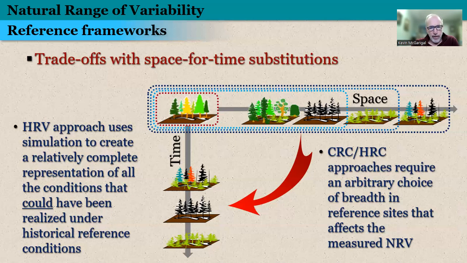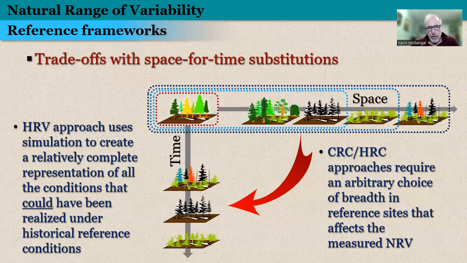The spatial variation approaches, the contemporary reference condition and historical reference condition approaches, use space for time substitution. That is, they use the variability across space to represent the variability that would have occurred over time for any given site. So we use the variability across space, because we can observe that in real time, as a substitute for the temporal variability that we're really ultimately interested in.